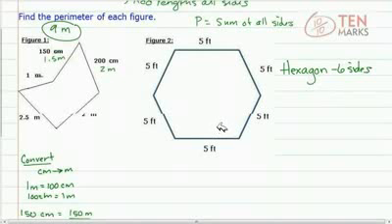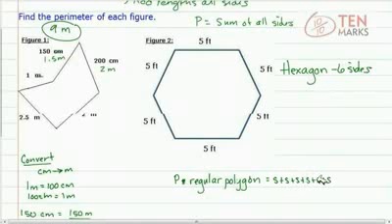So the perimeter of a regular polygon will be the side plus the side plus the side, adding all 6 sides, or we can say 6 times S. So the perimeter of a hexagon is 6S.